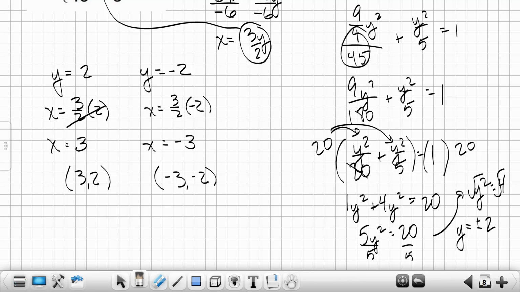Are we okay that we found y? Found two values. Way up there, way early on in the problem, I found what x equaled. x equaled 3/2 of y. So if I substitute my two values of y that I found here, I can find my two corresponding values of x, and I get my two coordinates.